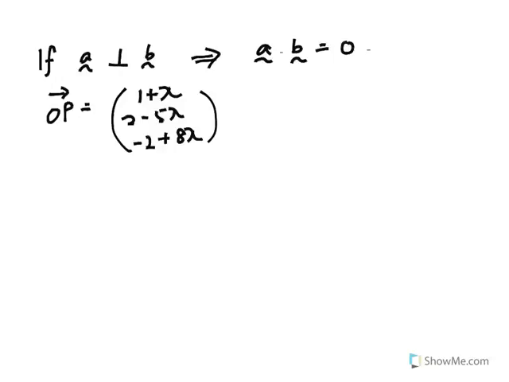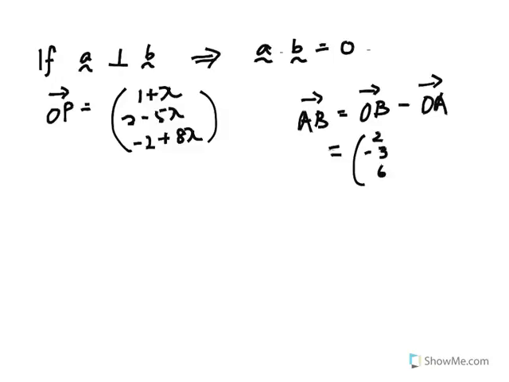AB is easily just OB minus OA, which is 2, negative 3, 6, subtract 1, 2, negative 2, and this gives you 1, negative 5, 8.